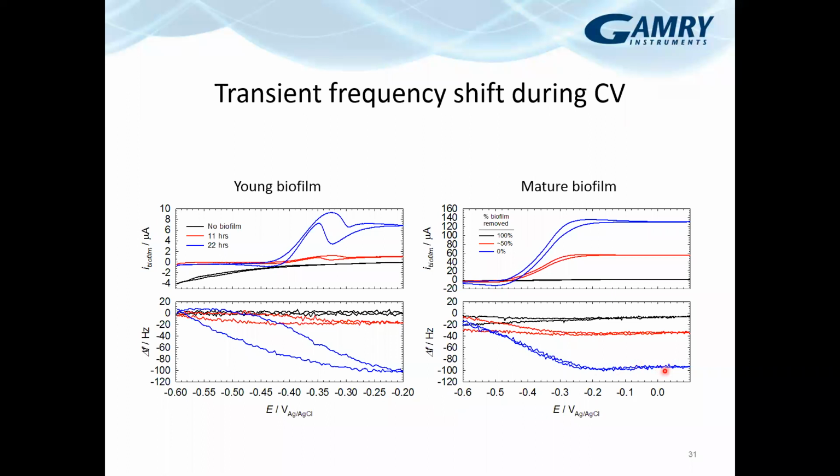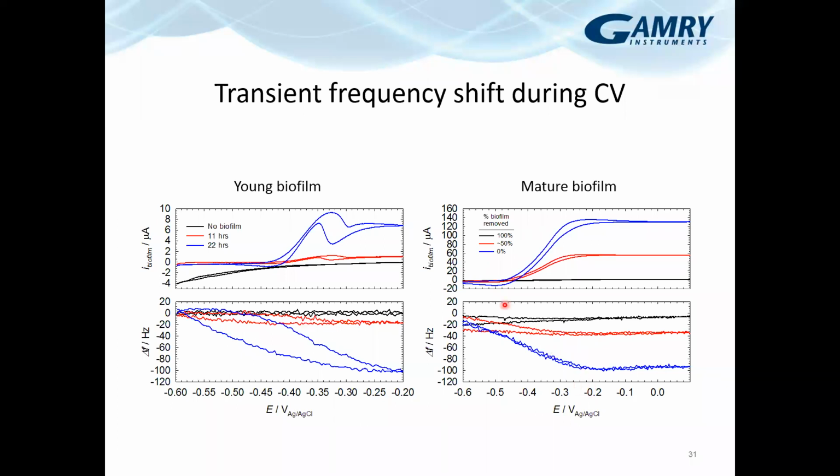And so it's telling you that there is actually a structural change in the biofilm. You can detect this structural change. It's related to the oxidation state of the biofilm. And this can tell you things about solvent and counterion movement through the biofilm, basically mass transport in the biofilm. So you would not know that this is occurring unless you had the QCM, right?